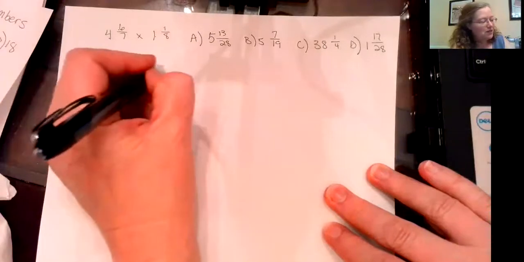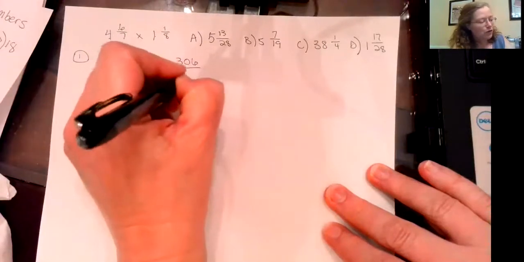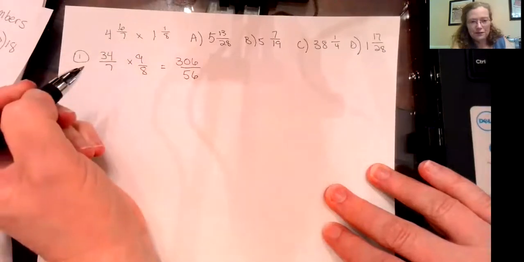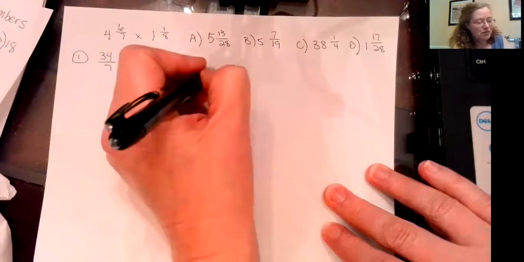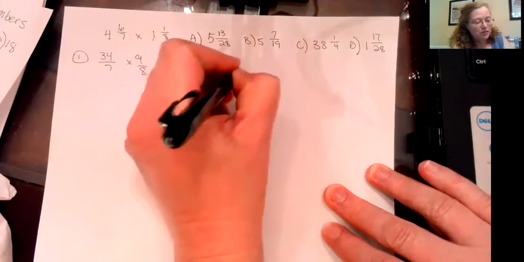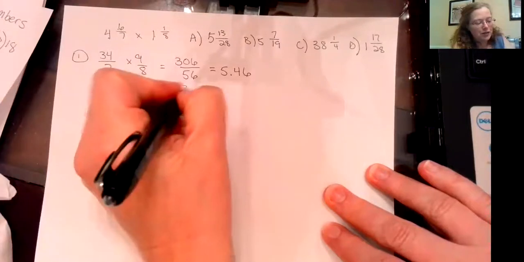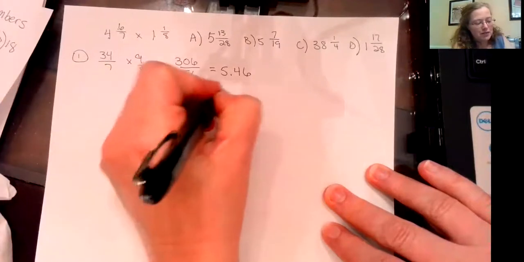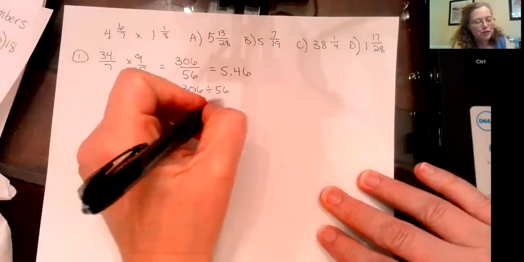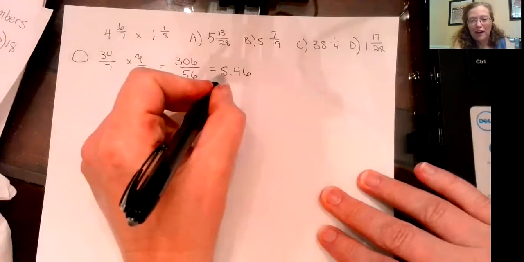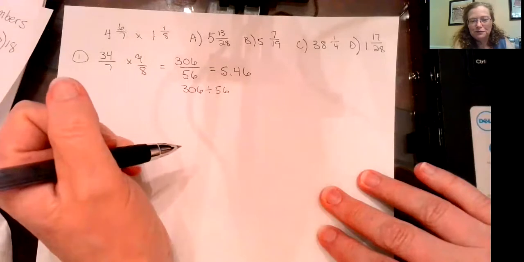If I do this, then I end up with 306 over 56. And now it's starting to get a little trickier. This comes out to be 5.46 if you take 306 divided by 56. I could also solve by hand knowing that the first value, the whole number would be 5, and then I could see what remainder was left over.